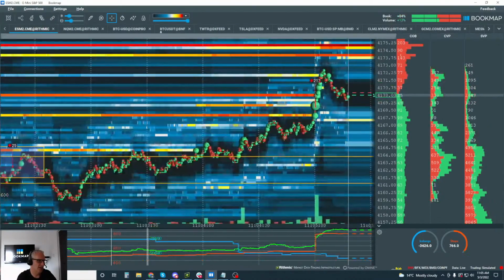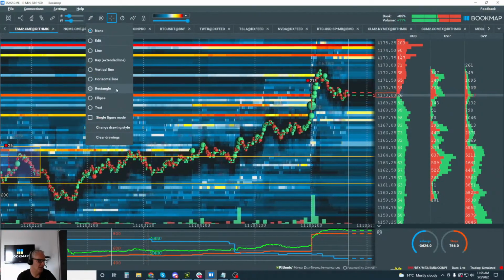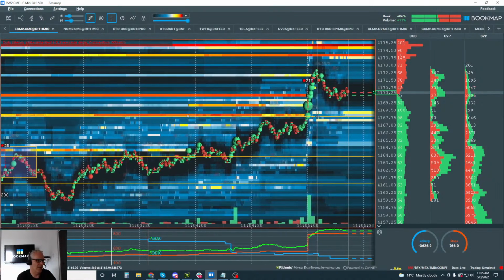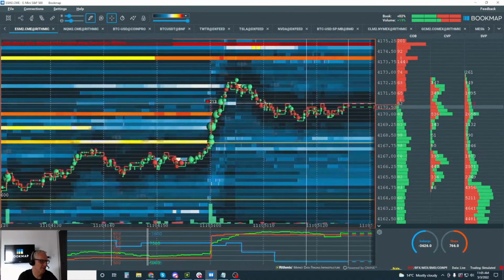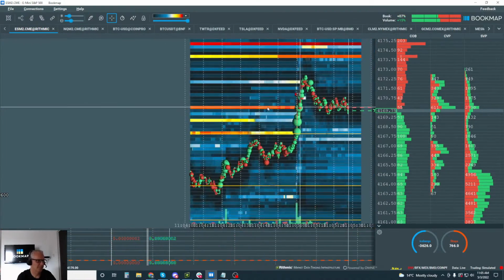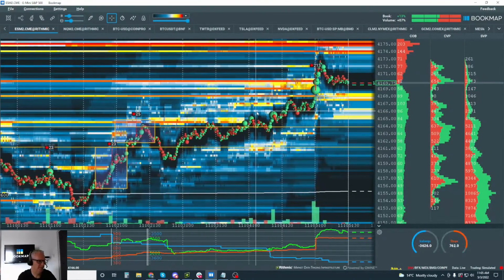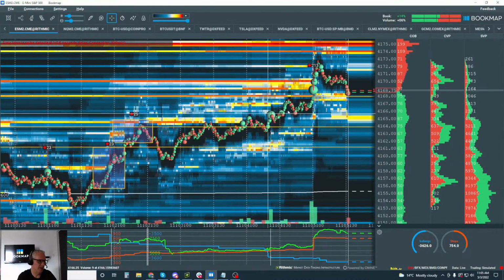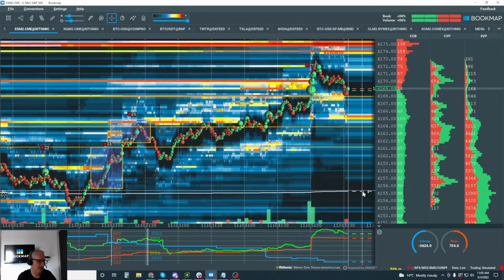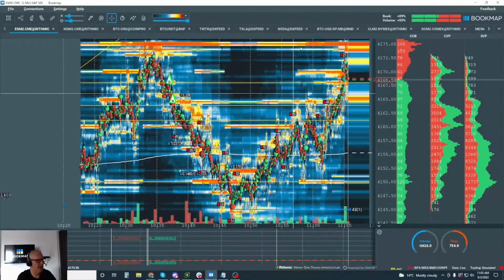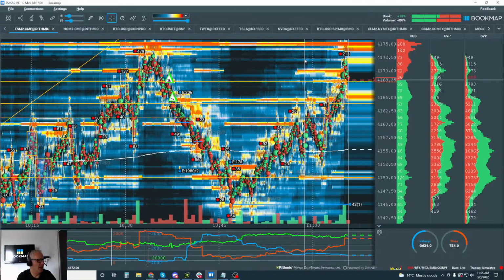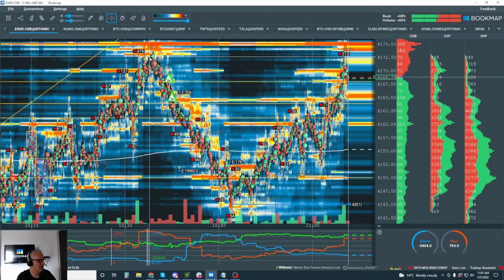All right, so now we got another level to take a look at here for sellers to take control below it. That would be here. Okay, great opportunity for the sellers to trade it back to VWAP if they can. And now we have made a lower high here as well compared to previously.